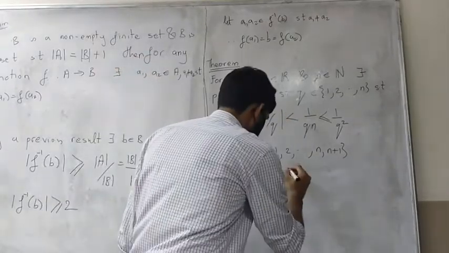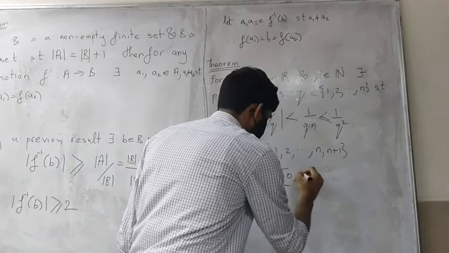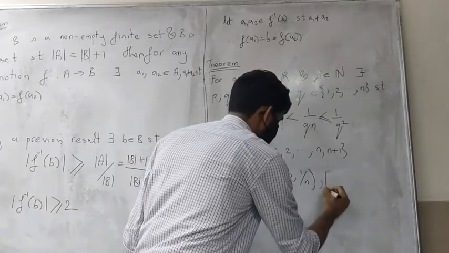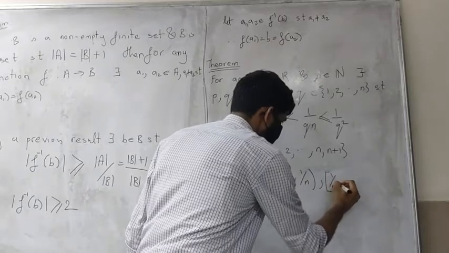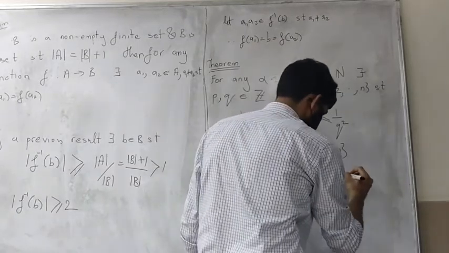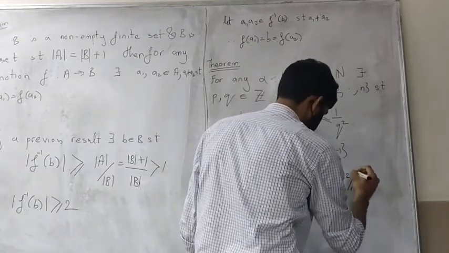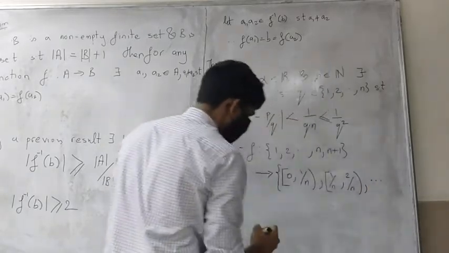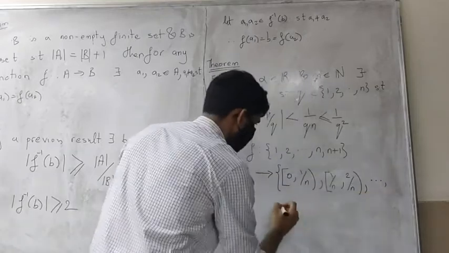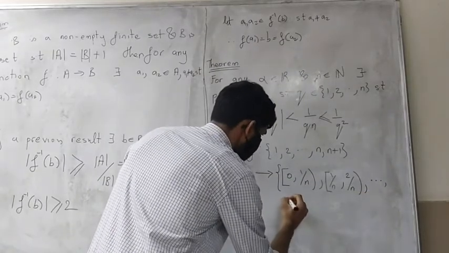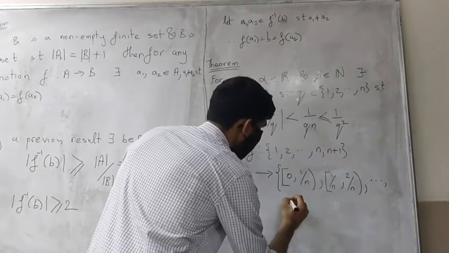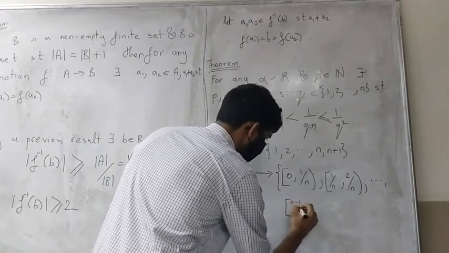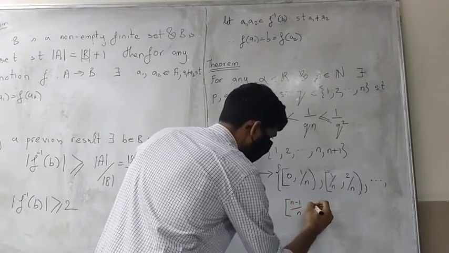So like this: 0 to 1 by n, then 1 by n to 2 by n. We can keep doing this up to n minus 1 by n to n by n, which is 1.